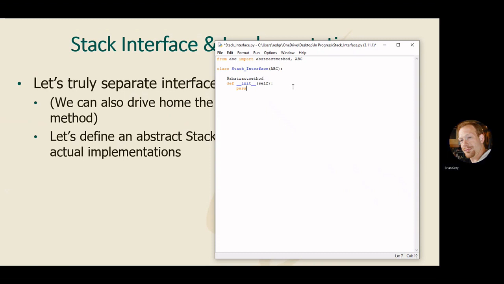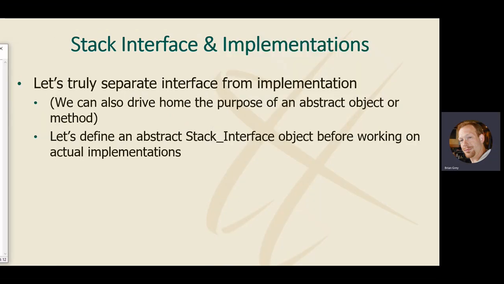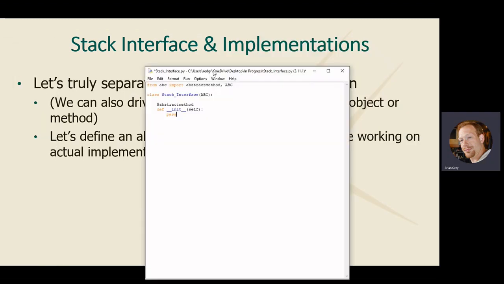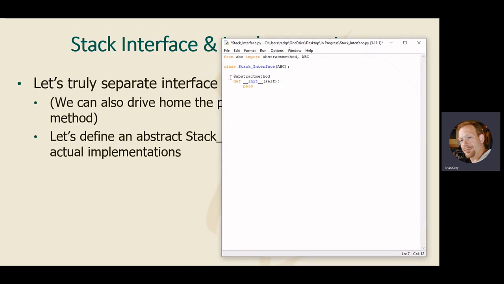Okay. Now what this means is any class that implements this, that extends the stack interface, is going to need to implement a constructor and explicitly define things. If they don't, it's not going to work. And the nice thing is we can just do this, right? Okay, cool.